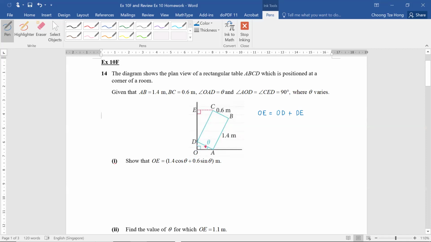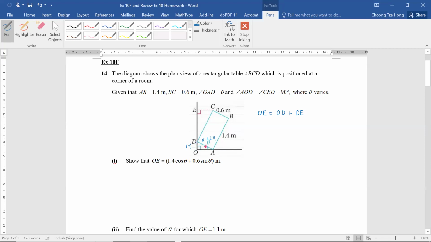OD is in the right angle triangle OAD. Do we know the length of any sides? We actually know AD, because this is a rectangular table, so opposite sides should be the same length. So AD should also be 0.6. Angle theta is over here. For the triangle OAD, AD is the hypotenuse, and OD, the side that we want to find, is the opposite side.